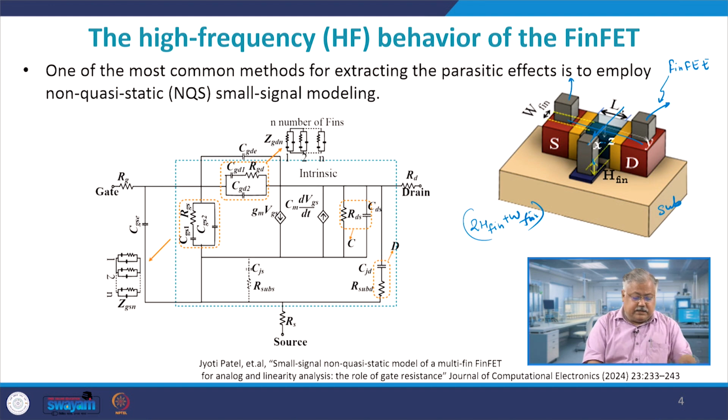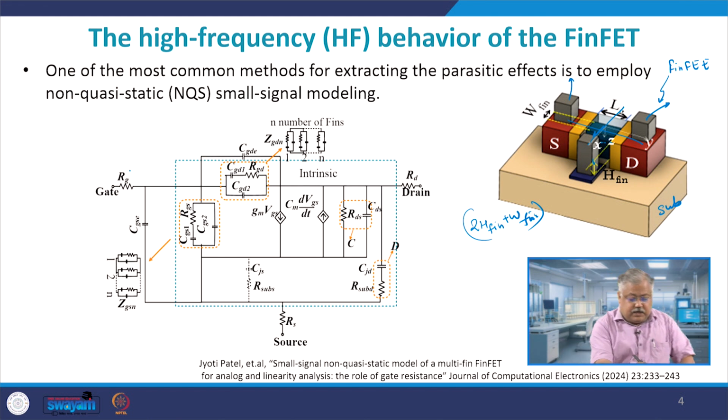Let us see how it works out in that case. Now when we say NQS model, or non quasi static model, the underlying physics is that if you have a multi finger device and you are doing a non quasi static model, it primarily means that the frequency of operation is relatively very high. So keeping that in mind, let us go one by one and see how it works out.